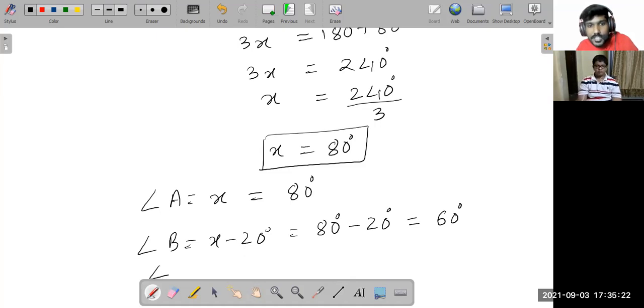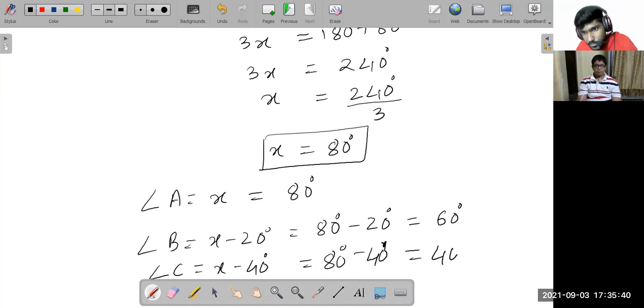And angle C is x minus 40 degrees, which is 80 degrees minus 40 degrees, which is 40 degrees.